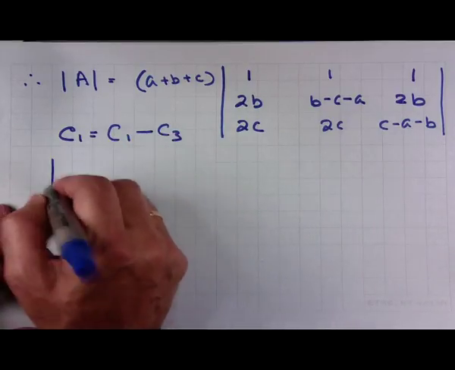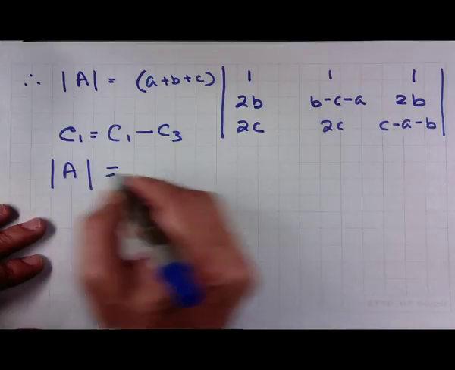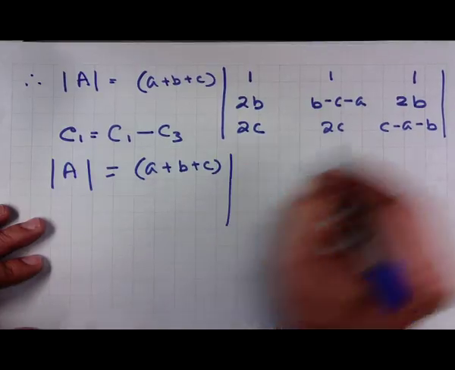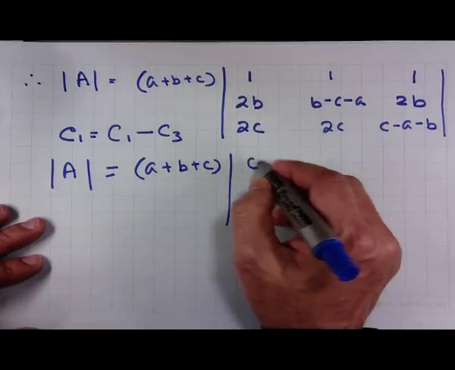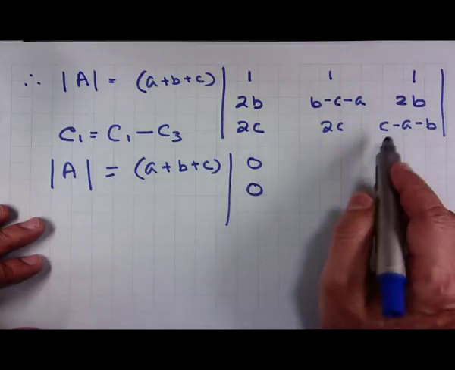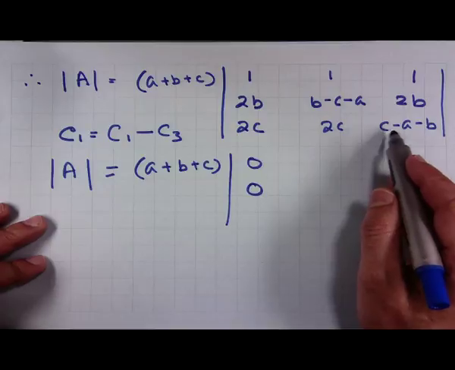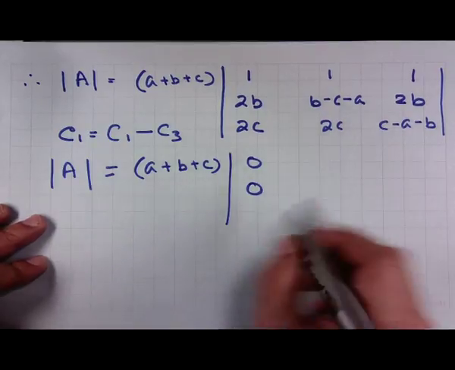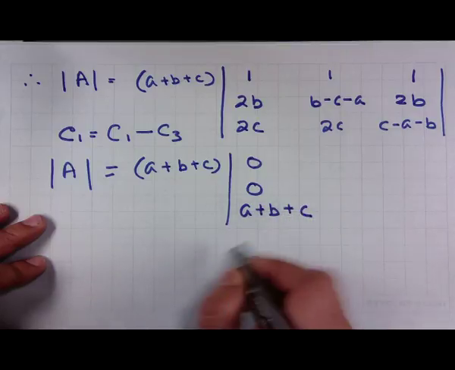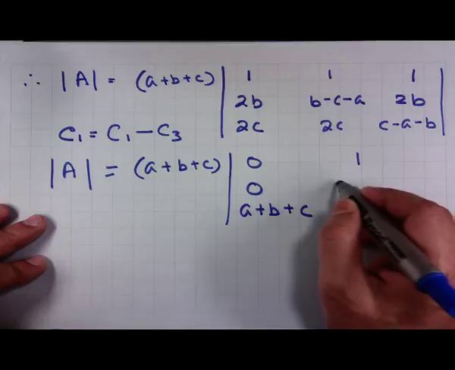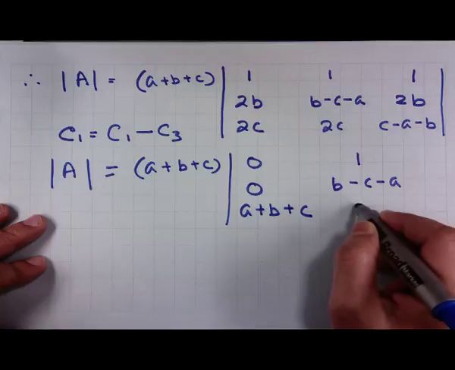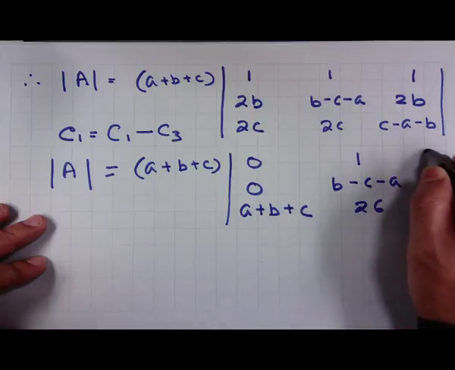After doing that operation, I get determinant of A is equal to A plus B plus C times 1 minus 1 is 0, 2b minus 2b is 0, and 2c minus C minus A plus B, whole thing will become A plus B plus C. Other columns remain the same.